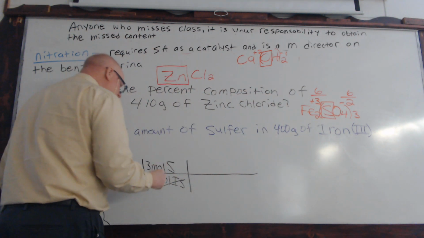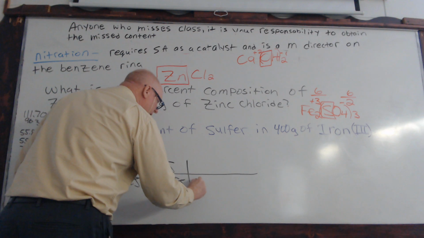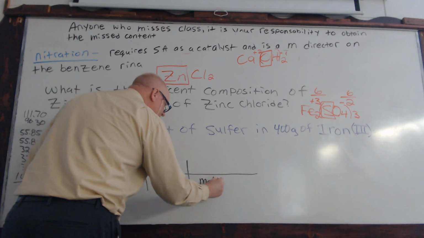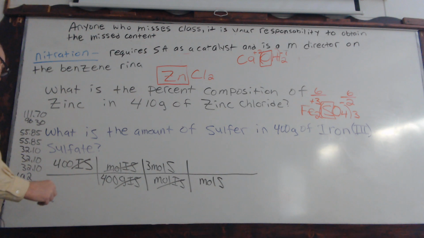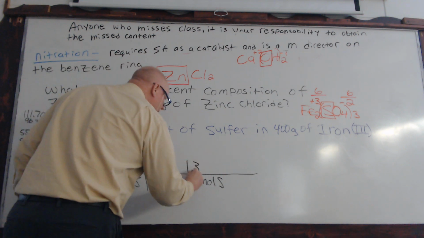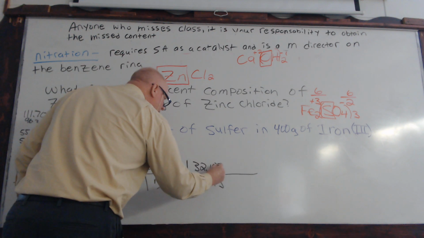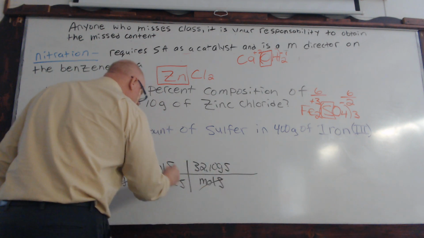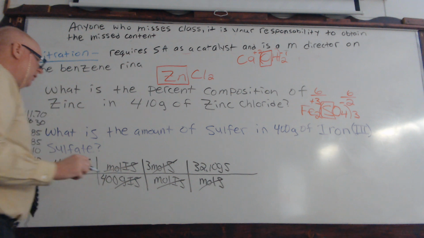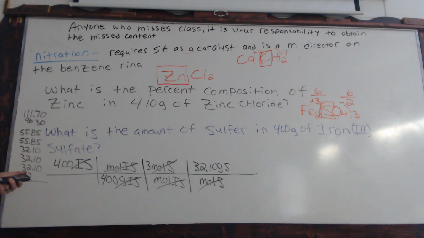All right. So now we're on the home stretch. So for every mole of sulfur, looks to me like we get 32.10 grams of sulfur. So 32 times 3.